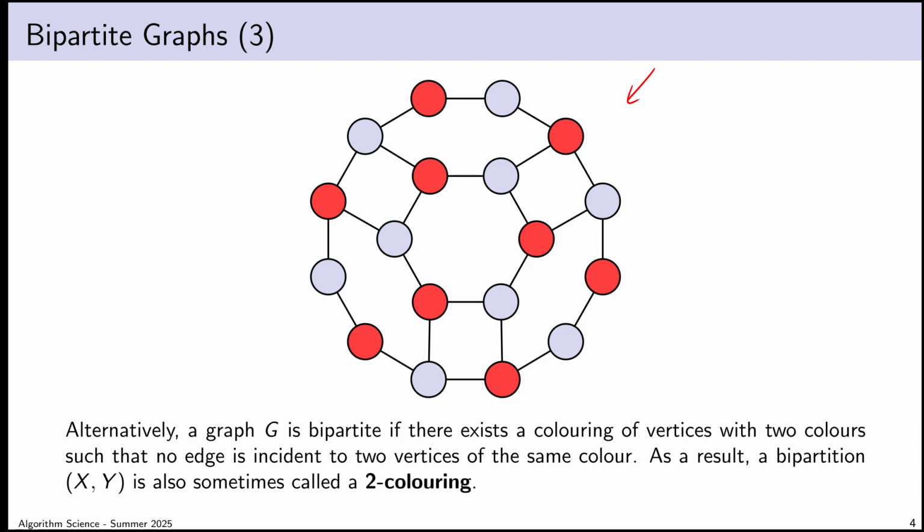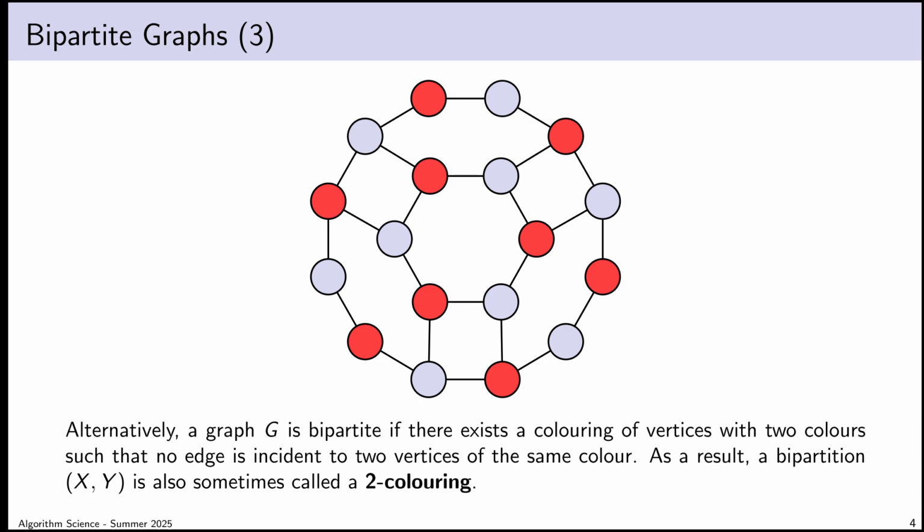So the idea here is that if I can find some way of coloring every vertex of my graph with one of two colors, such that it is never the case that an edge connects two vertices of the same color, so all edges go between, here I've used red and blue, so all edges go between red and blue, then I have what's called a two-coloring of the graph. And the two-coloring really is just a bipartition.